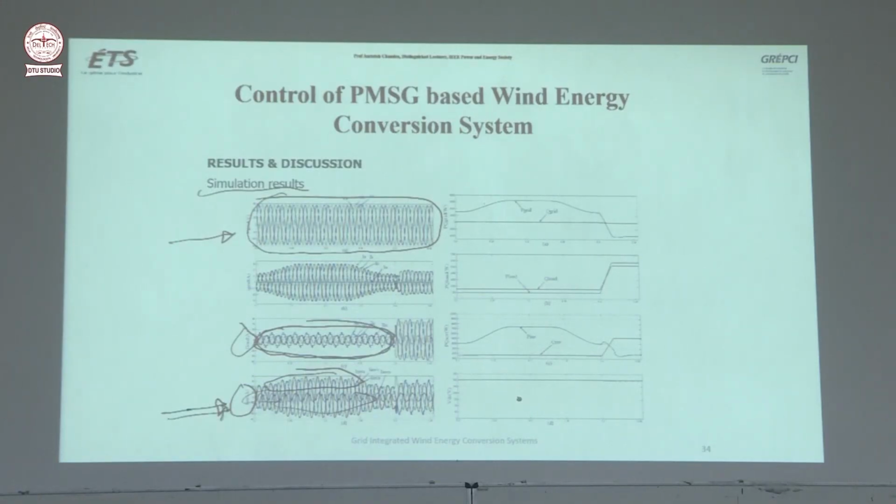This current is generated in such a fashion that the grid current is perfectly sinusoidal. And you will see that it is in phase opposition of this voltage. It means the current of the generator is being pushed into the grid. So voltage and current in phase opposition means the power is going inside the grid.